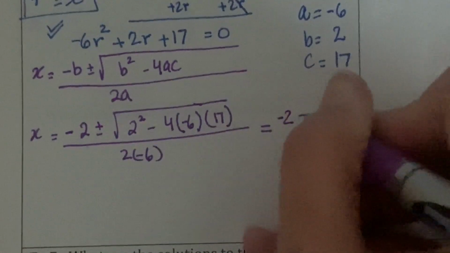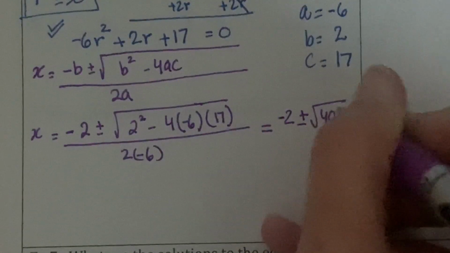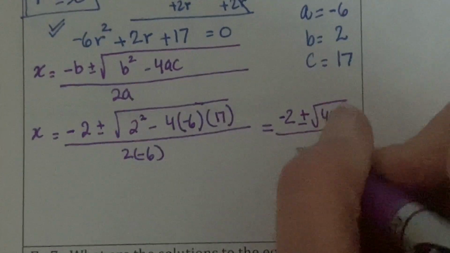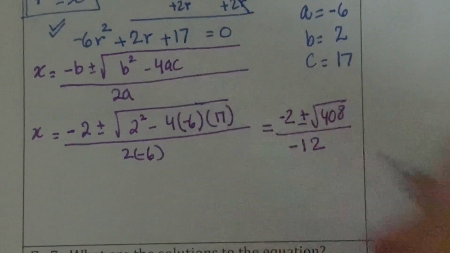This is minus 2 plus minus square root of 408 over negative 12.